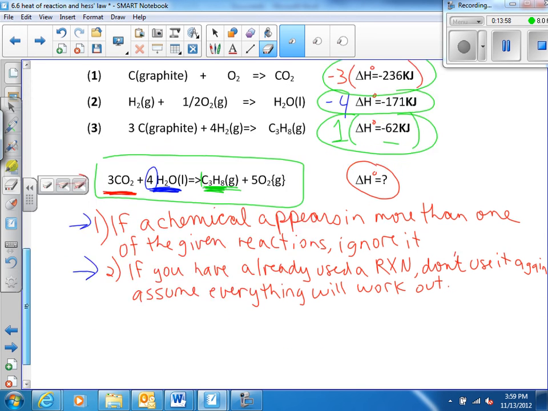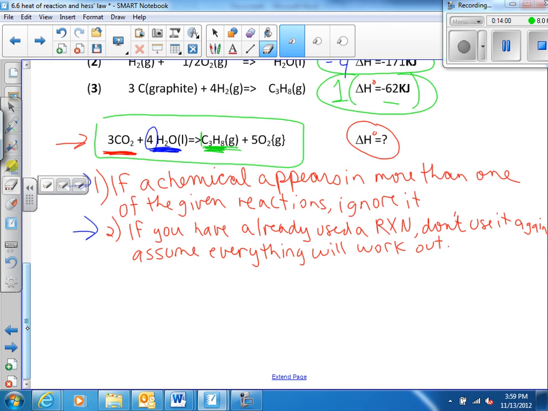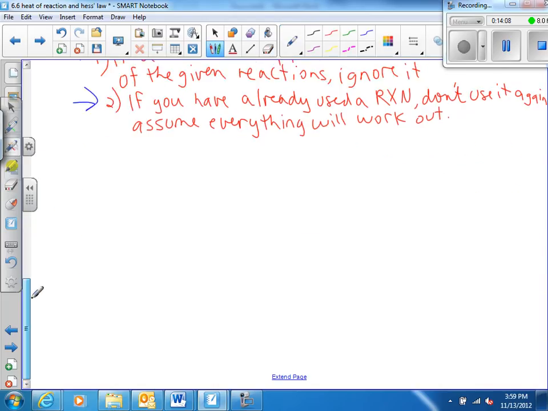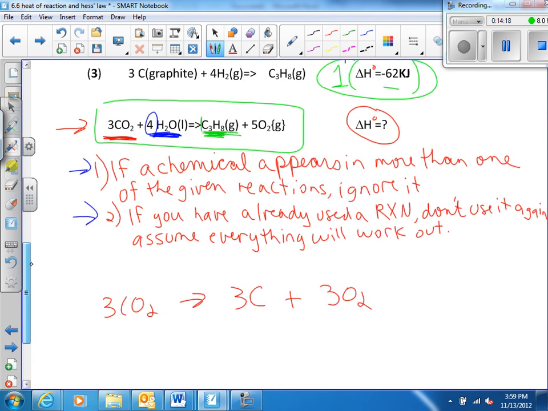So I'm going to rewrite reaction 1, multiplying it by -3. And I'm going to use red for that one. So I'll have 3 CO2s makes 3 C's plus 3 O2s. Okay, so I reversed and multiplied by 3.